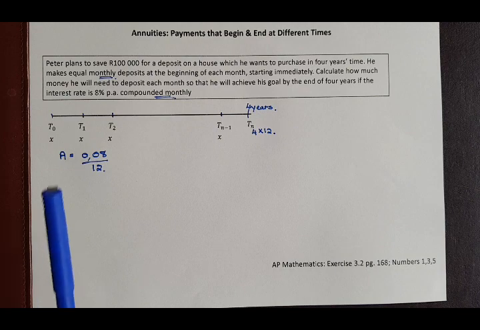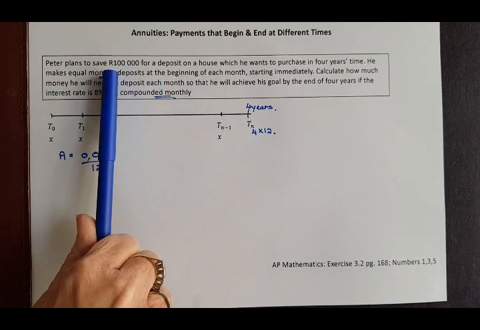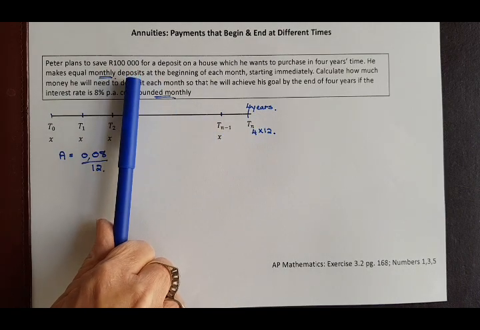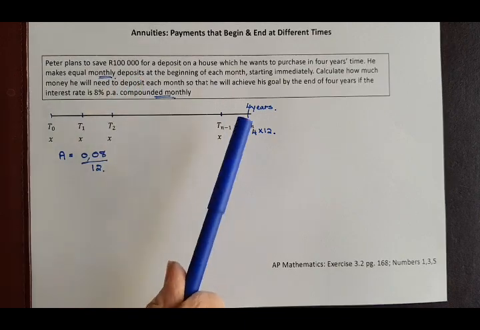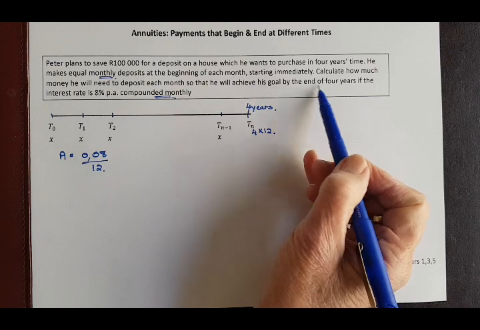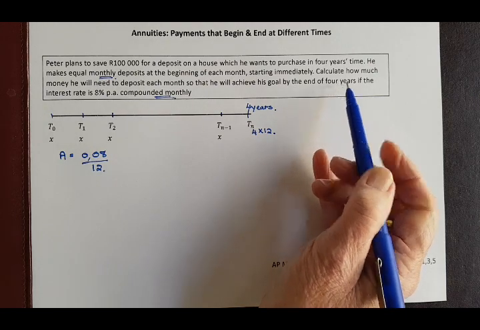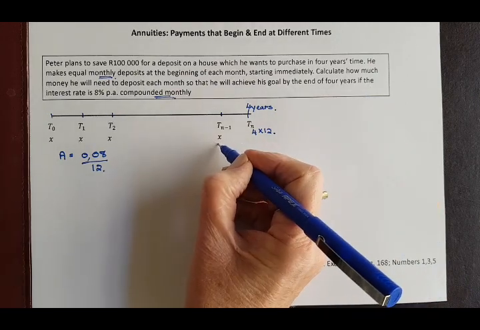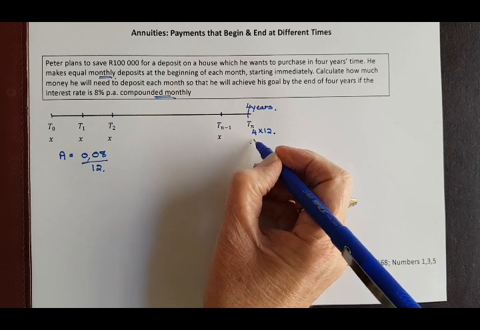I need to get 100,000 Rand, and he's going to reach his goal by the end of 4 years. So not at the beginning of the 4th year, at the end of 4 years.